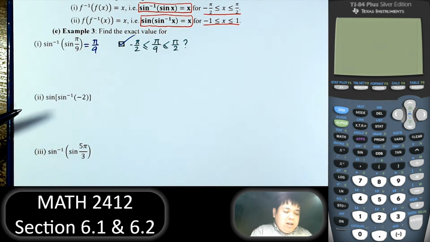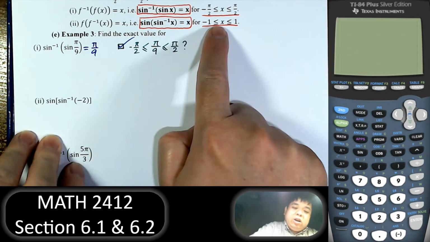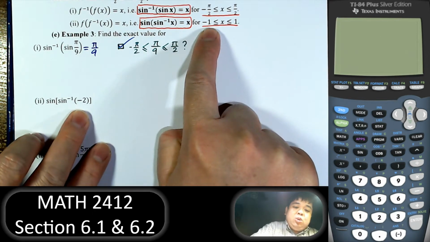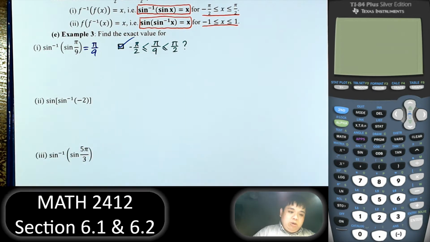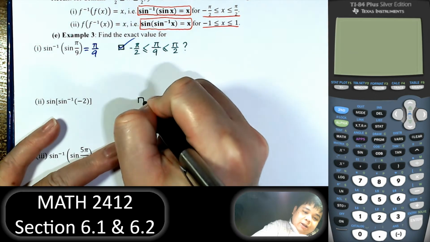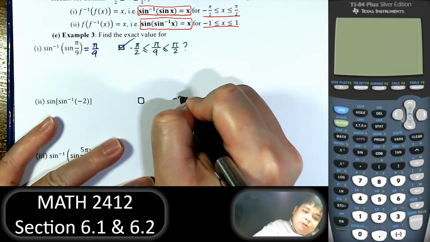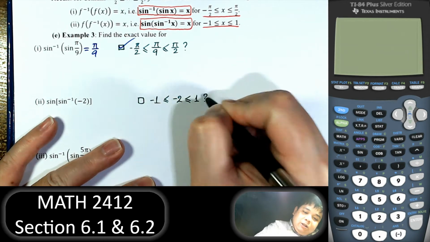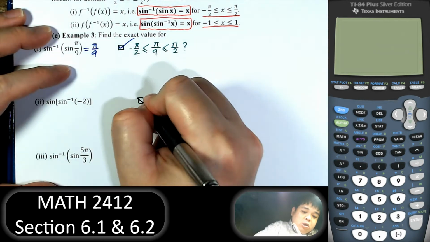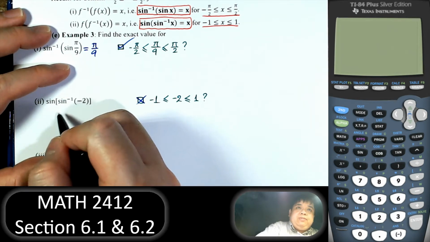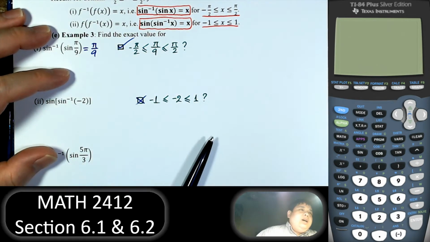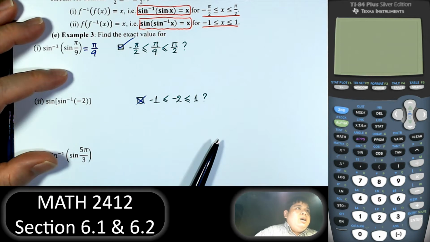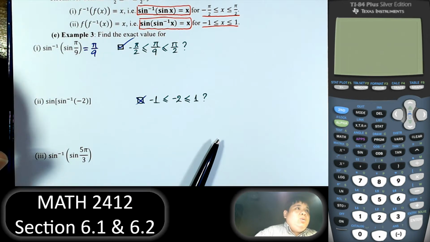Right, next, sine of sine inverse of negative 2. Well, of course, we look at this, and negative 2 is not between negative 1 and 1. So first thing we check is negative 2 between 1 and negative 1. And the answer is no. So in which case it will not cancel out. But what's that really equal to? Let's just put it in the calculator. By the way, let's keep it in radian by default.